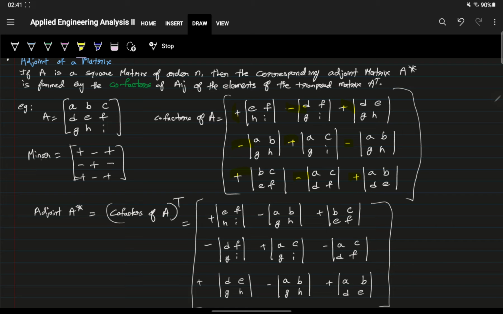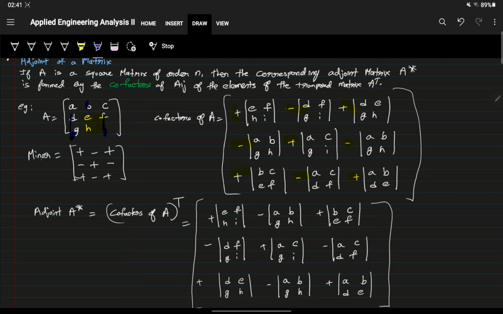So for the cofactor of the first row and first column, it would be the elements of these here, and then similarly for B it would be D, G and F, I, and for C it would be D, E and G, H. So if we are considering a particular element in a row and a column, we have to ignore the entire row and column.